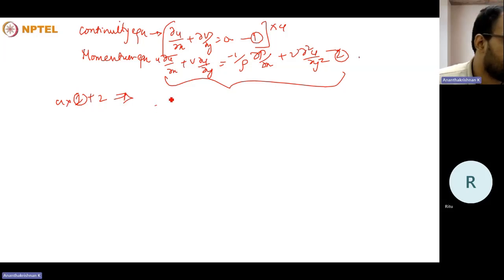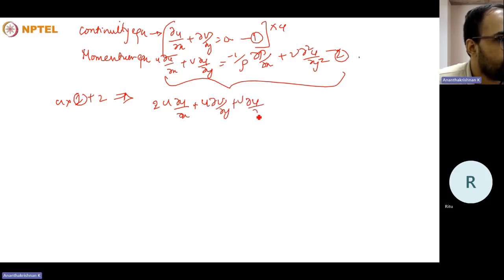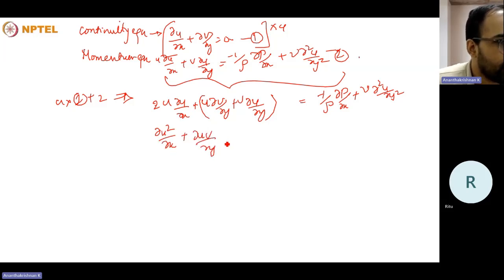That gives 2u dou u by dou x plus u dou v by dou y plus v dou u by dou y equal to minus 1 by rho dou p by dou x plus mu dou square u divided by dou y squared. This will be the same as dou u squared divided by dou x plus dou uv divided by dou y is equal to minus 1 by rho dou p by dou x plus mu dou square u divided by dou y squared.